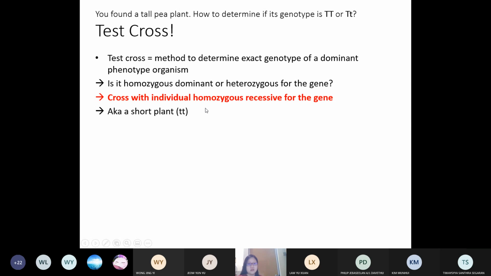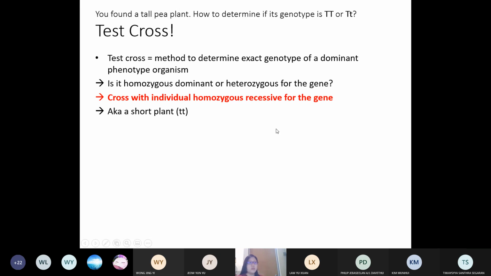It cannot be anything else because it's a recessive phenotype. So it must be homozygous recessive, right? So we can cross this tall pea plant of unknown genotype with this short plant. We can observe the offspring and figure out whether it's homozygous dominant or heterozygous.